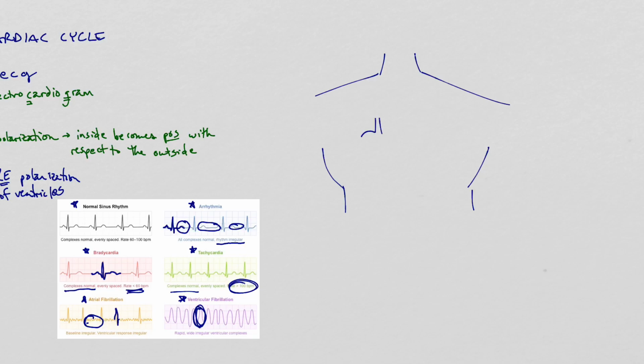I actually need to draw a pretty good heart for this. Oops, I already messed up here. So let's draw ourselves a little heart. Yours does not have to be as accurate as mine is. Here we go. This is better. But try to get the shape pretty close.